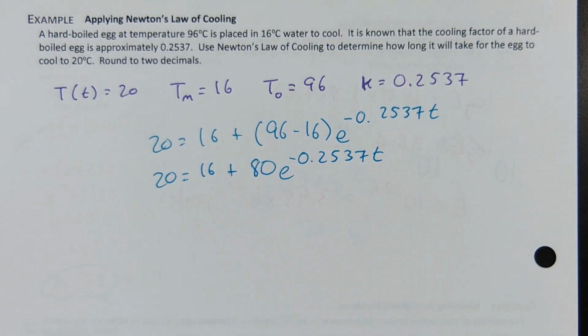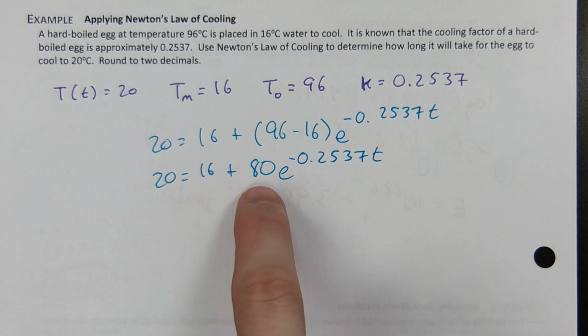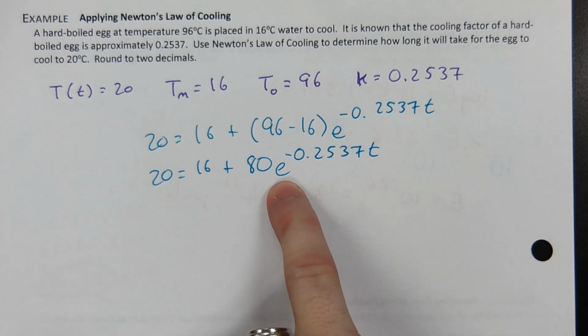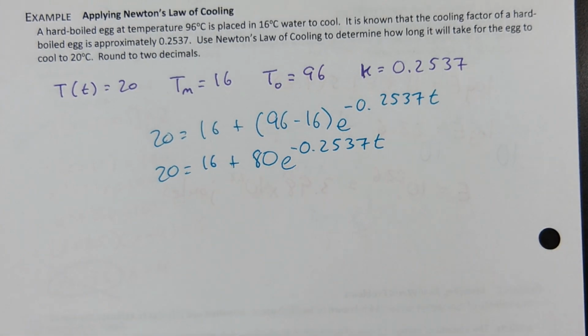But before I do that, I want to make a point about something. The next step is going to be subtract 16 from both sides. You cannot ever, ever, ever try to add this 16 and this 80. They're not like terms because this one has a variable expression sitting next to it. It's like this says 16 plus 80x. You can't add them.